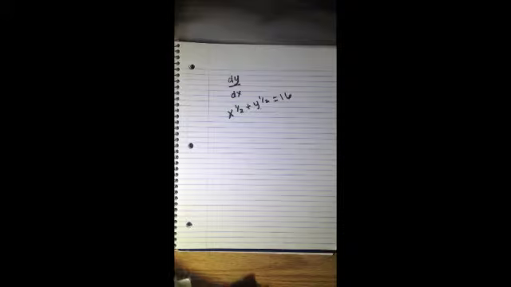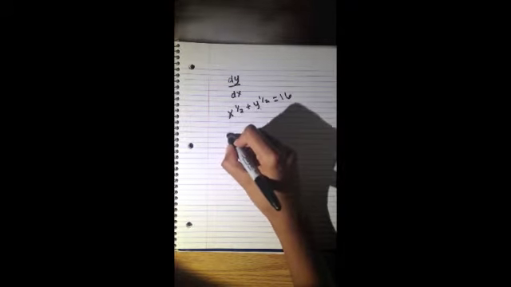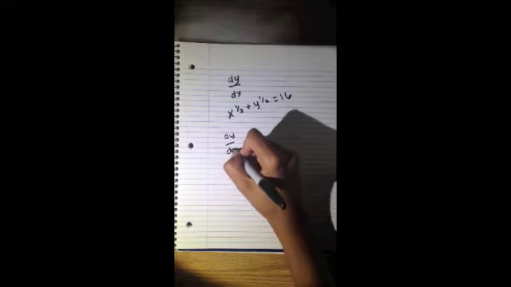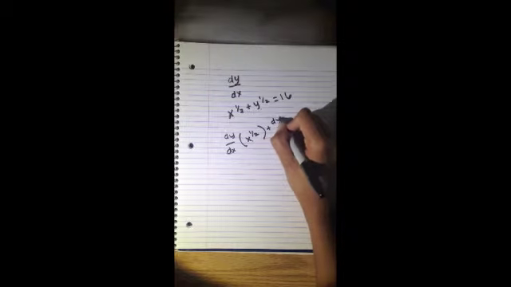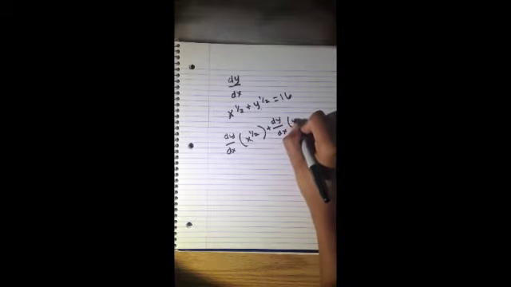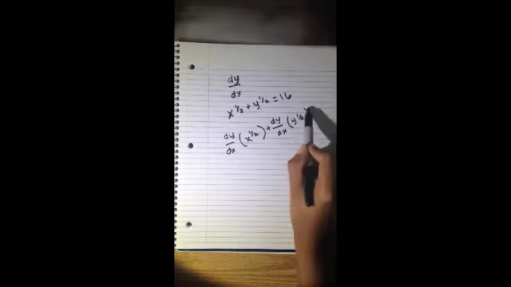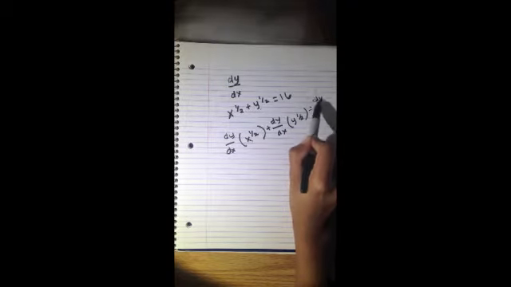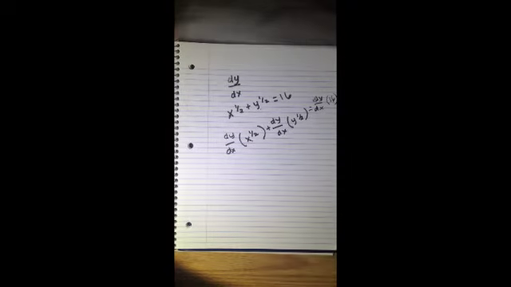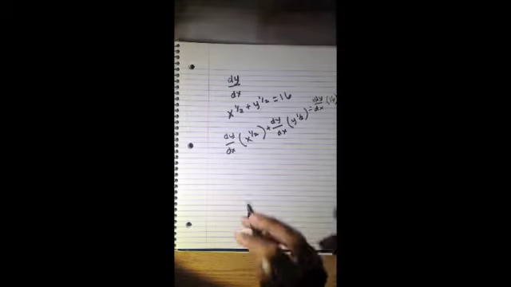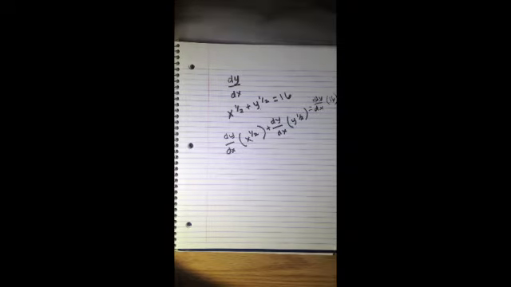What you're going to do first is differentiate both sides with respect to x. So you're going to have d/dx of x to the 1/2 plus d/dx of y to the 1/2 equals d/dx of 16. All we did here was the first step, which was to differentiate both sides with respect to x.